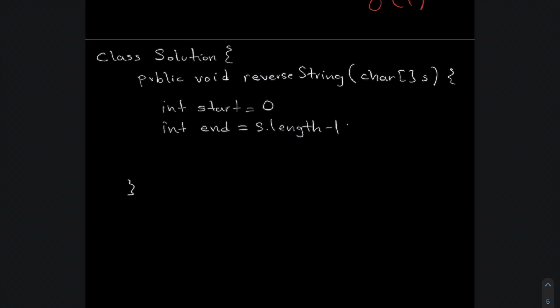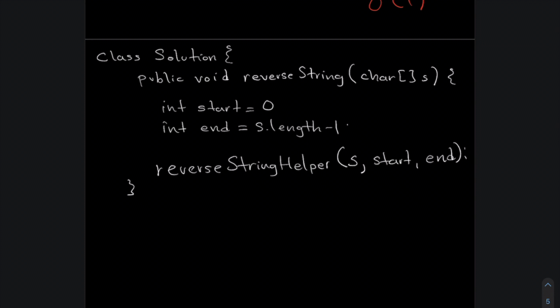You'll notice that I've got the method header as well as the start and end already initialized. What we're going to be doing is calling another function that we'll call reverseStringHelper, and that will be the actual method that's going to be recursing. So right here, I'm going to put reverseStringHelper, and it's going to be taking in the char array as well as start and end.